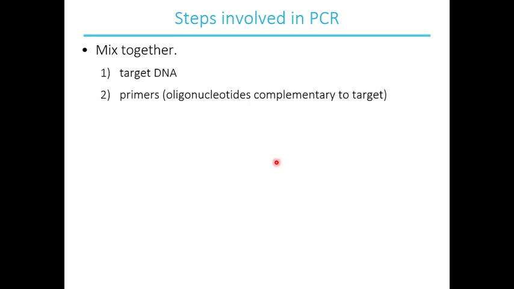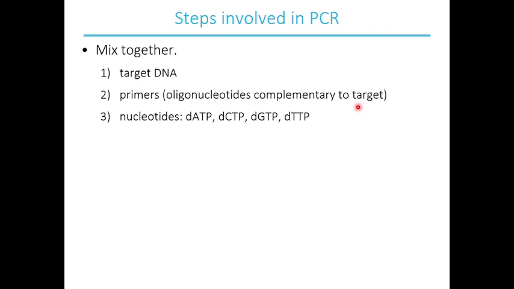The PCR procedure has an elegant simplicity. Basic PCR requires 4 components. First, a DNA sample containing the segment to be amplified. Second, a set of synthetic primers, or oligonucleotides, that are complementary to the target.